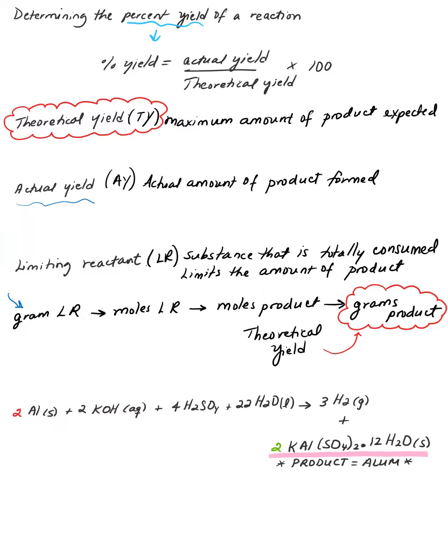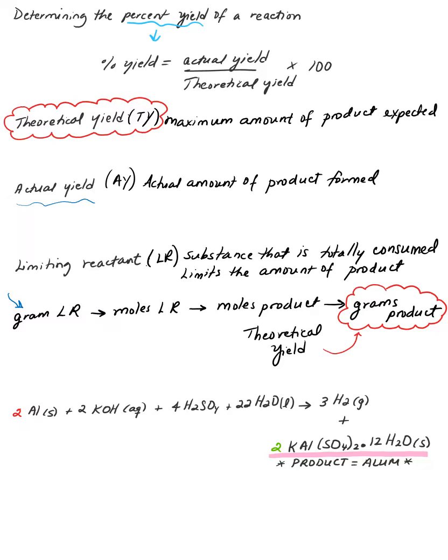To convert grams to moles, you have to divide by the molar mass. Once you have your moles of the limiting reactant, you can convert those moles to moles of product using stoichiometry. And stoichiometry is just the molar ratios that you have in a balanced chemical equation.